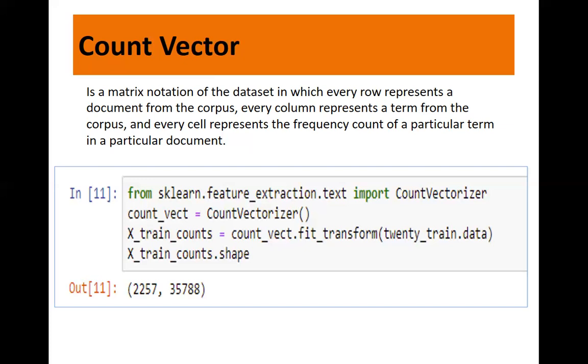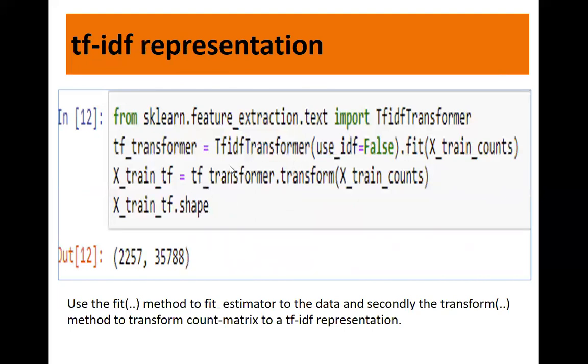This downscaling is called TF-IDF, that is, term frequency times inverse document frequency. Here we'll be applying this TF-IDF. The TF-IDF score represents the relative importance of a term in the document and the entire corpus.